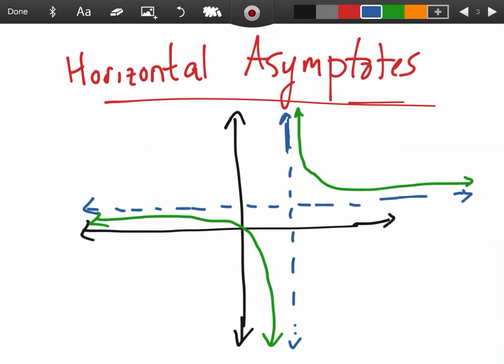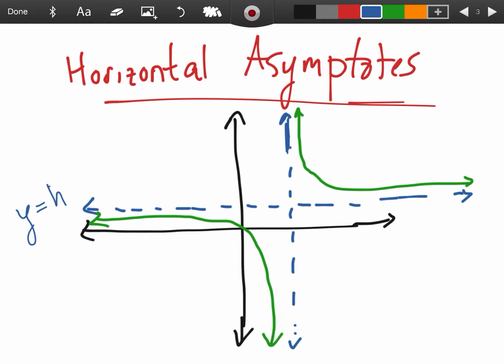For the horizontal asymptotes, this is some value that I approach. I'll say y equals, let's just call it h for the horizontal asymptote. That's the y value that I'm going to be approaching as my x goes to positive or negative infinity.